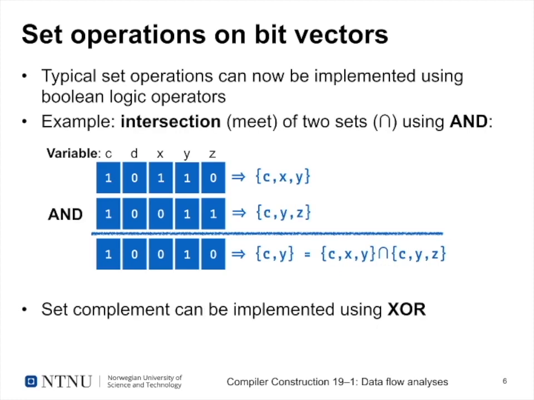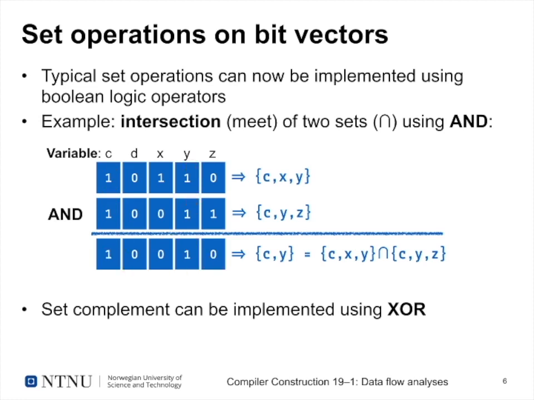We can also do this for the opposite operation, the intersection or meet operator of two sets. We have implemented join as OR, so conversely AND will be implementing the intersection operator. If we have two sets CXY and CYZ, using a bitwise AND, only those elements which are present in both sets will have a 1 in the resulting set.